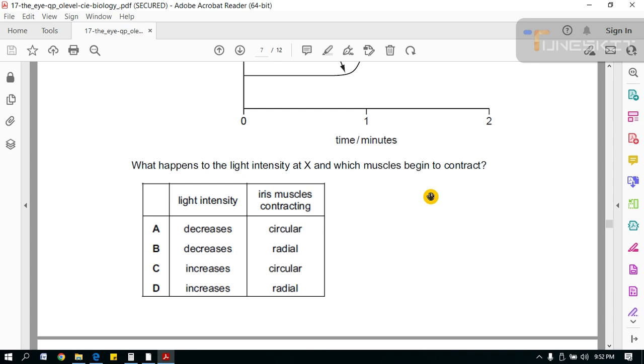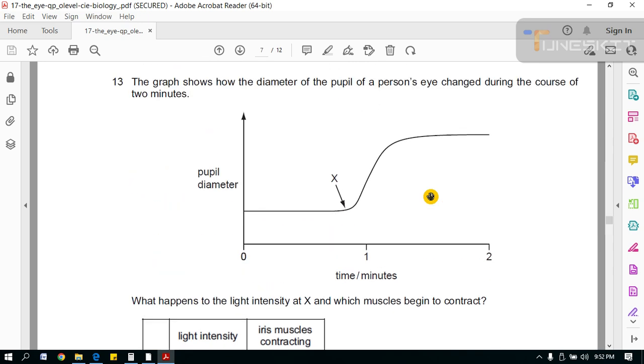Option B is correct. You have to observe this graph very carefully. Pupil diameter is increasing from the point X. So when pupil diameter increased, the first thing that should come to your mind is that the light intensity decreased. That is the first thing that we have established here.